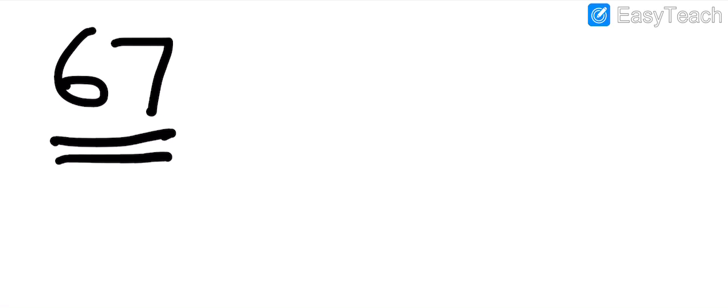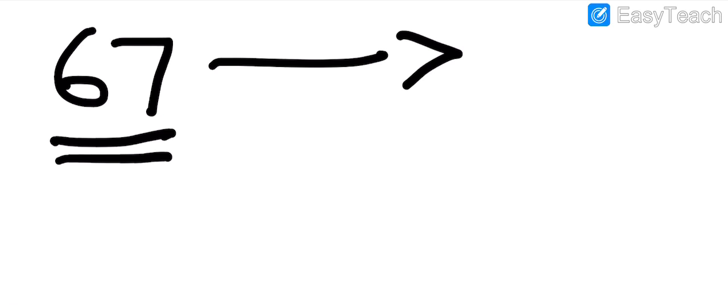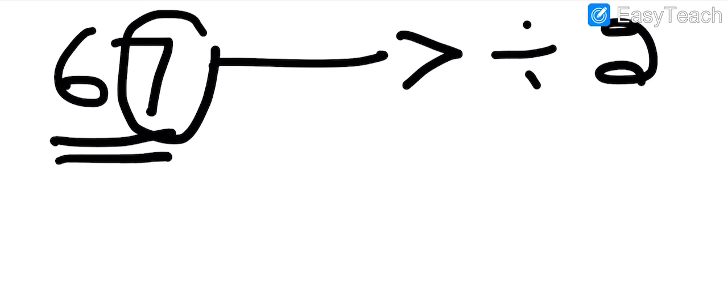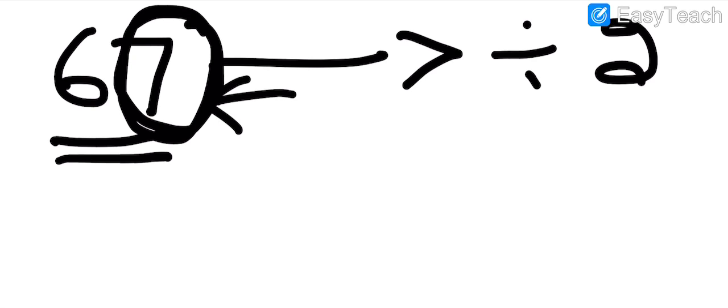Okay. So 67, again, we see whether it is divisible by 2 or not. A very simple way to check whether the number is even or odd is you check the last digit. If it's not 2, 4, 6, 8, 0, it means it's an odd number. So it's 7, means it's not an even number, means it cannot be divided by 2.